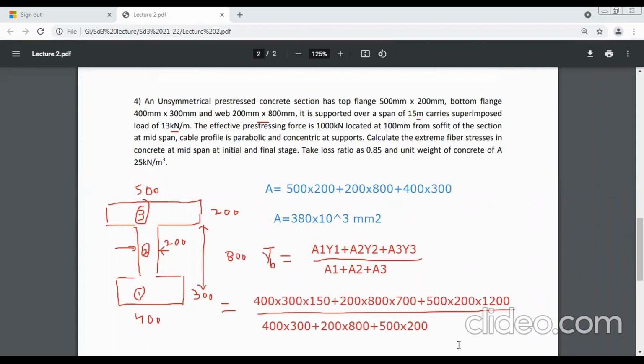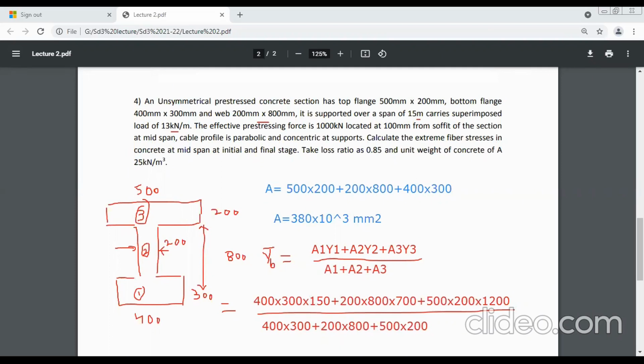Okay, now tell me y bar, how much. Just do the calculation. 400 into 300 into 150 plus 200 into 800 into 700 plus A3y3, 500 into 200 into 1200, divided by 400 into 300 plus 200 into 800 plus 500 into 200.